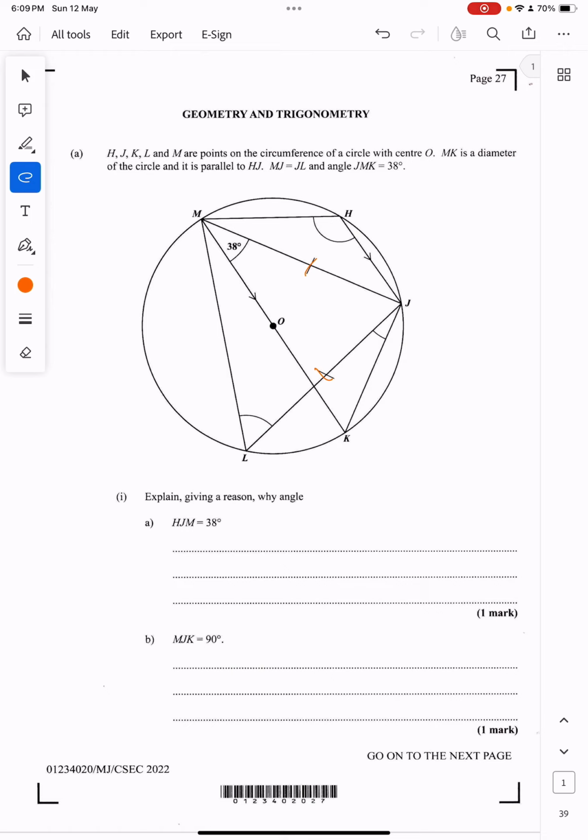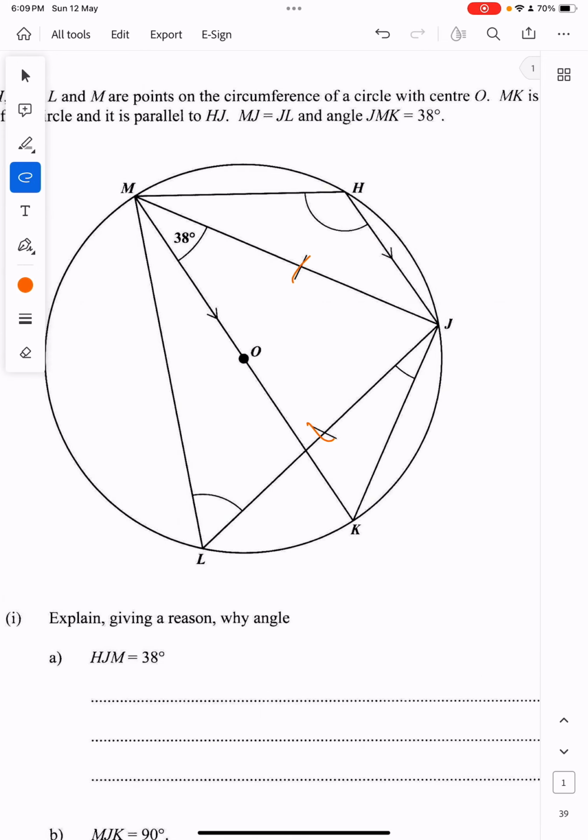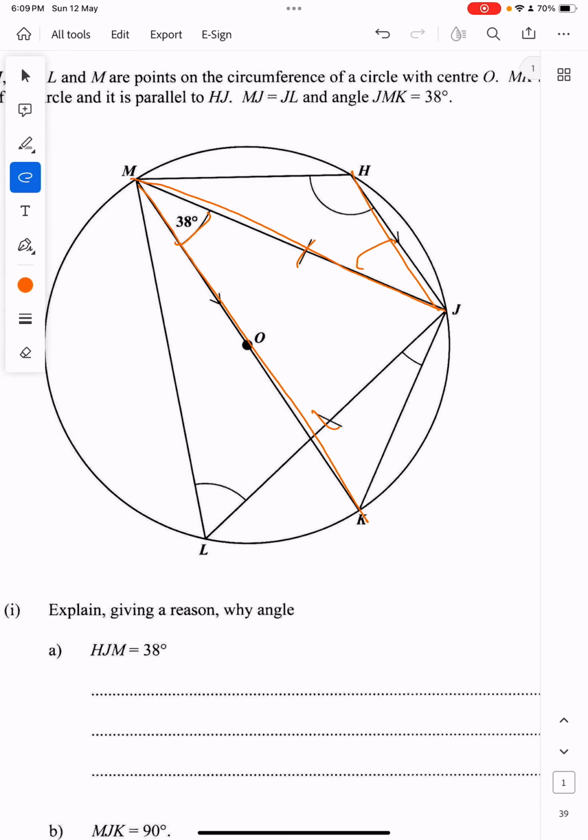So the first question is to explain, giving a reason, why angle HGM is 38 degrees. Because we have these two parallel lines, HG is parallel to MK, and then we have a transversal coming across here, it means that this angle and this angle are alternate angles. So that's going to be your reason.